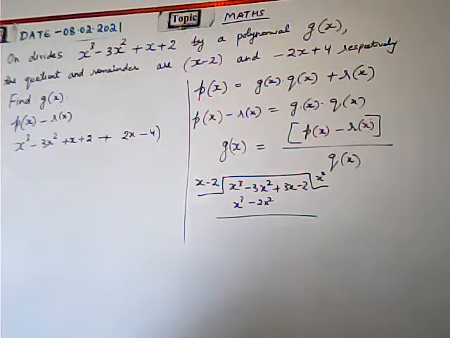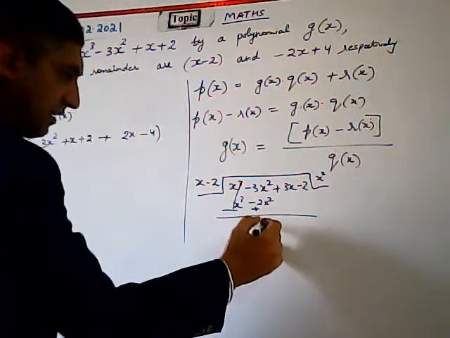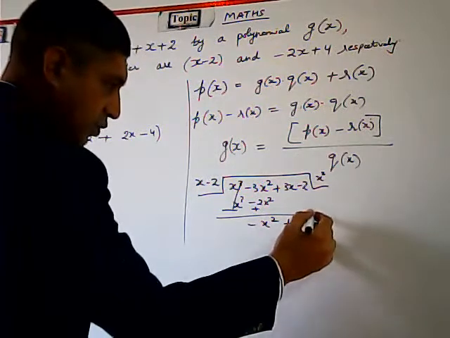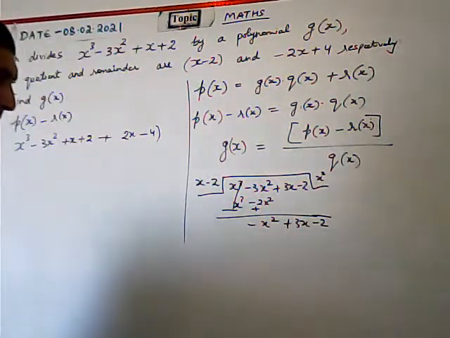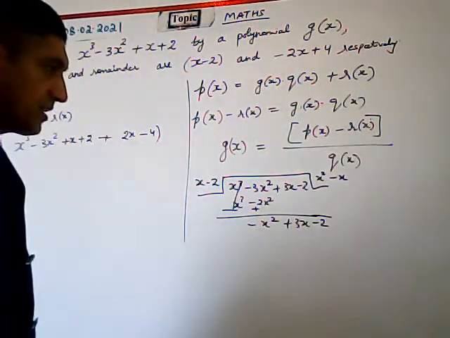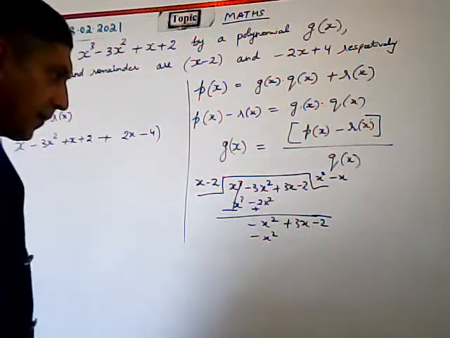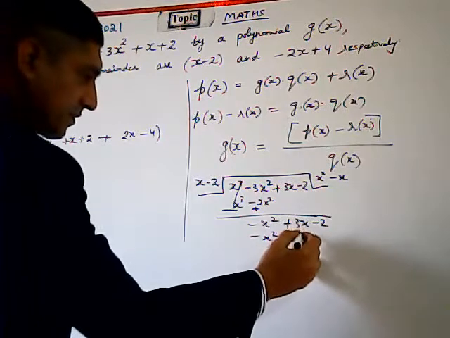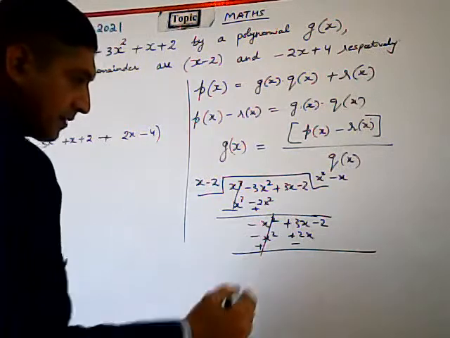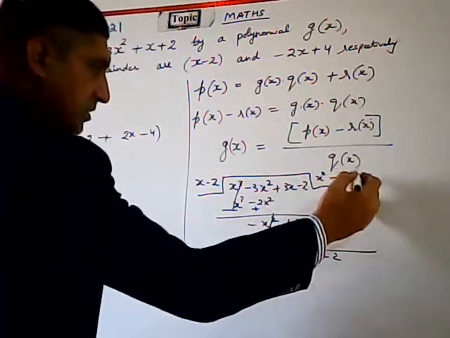So here we subtract, minus minus plus, so we are left with minus x square plus 3x minus 2. Then we start with minus x. Minus x times x minus 2 gives minus x square plus 2x. Again subtracting, we have x minus 2, with plus 1.